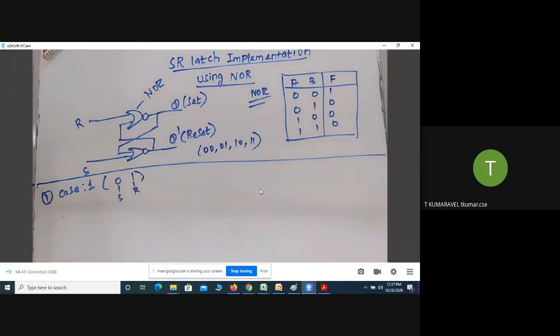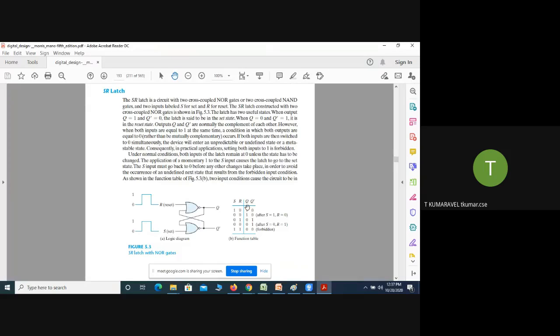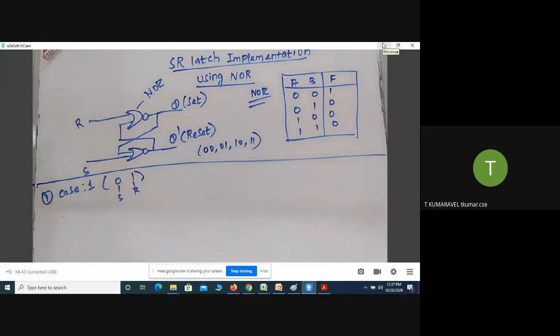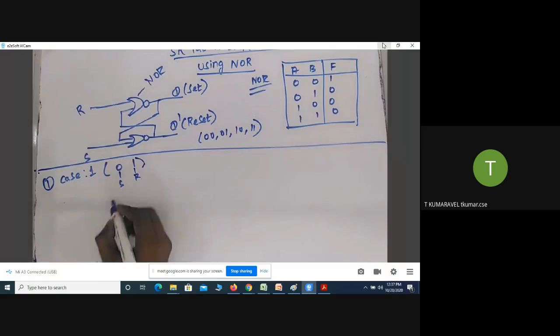Instead of taking sequential order, I am taking random order, because in your textbooks they are given like that. First they take 1 0, then 0 0, 0 1, again 0 0, 1 0. Similarly I'm going to take it. The initial input is 0 0. Now I'm going to check the behavior of the SR flip-flop.